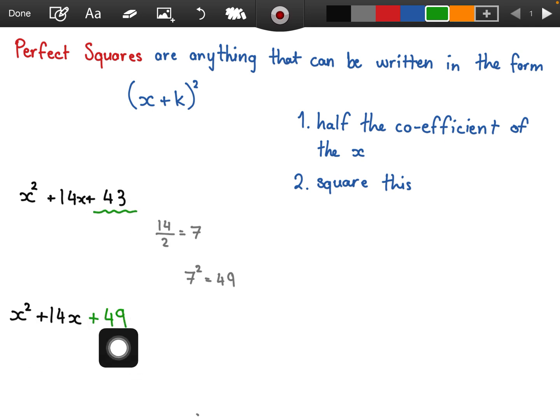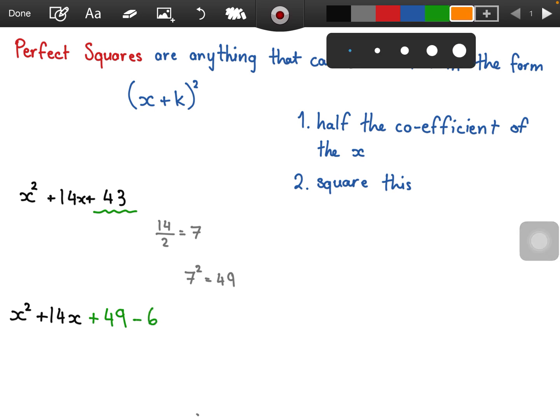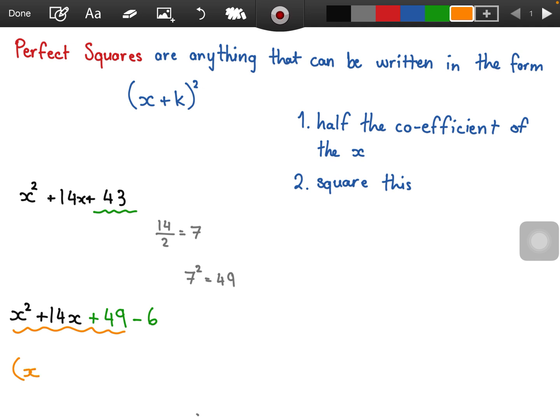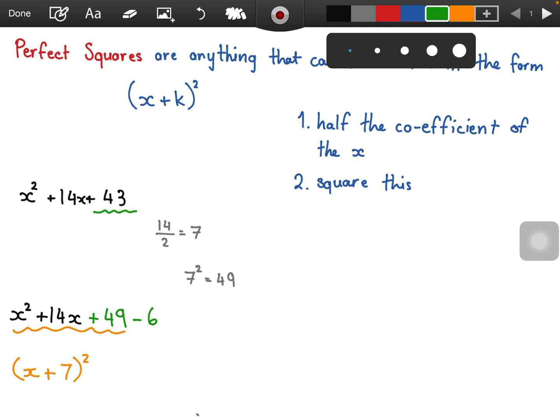So I've just added on another 6 onto this question. I can't just add that 6 out of nowhere, so I'm going to minus the 6 at the end. That way I know that this can be written in square form of x plus 7 to be squared, but I have to take the 6 away.